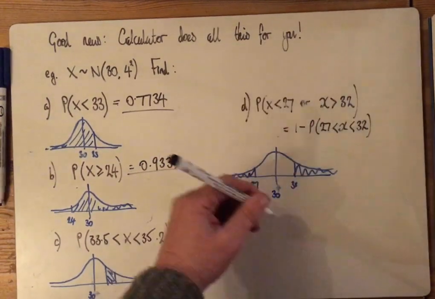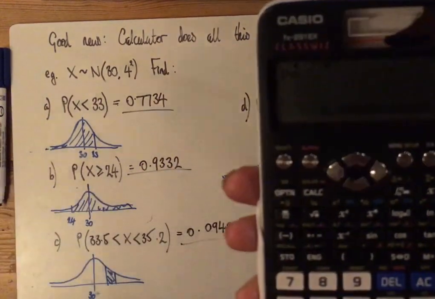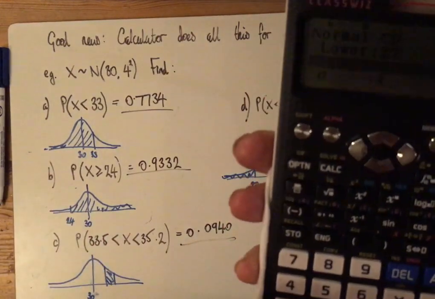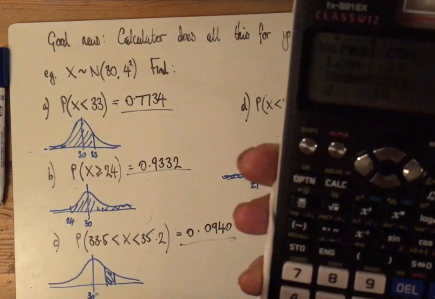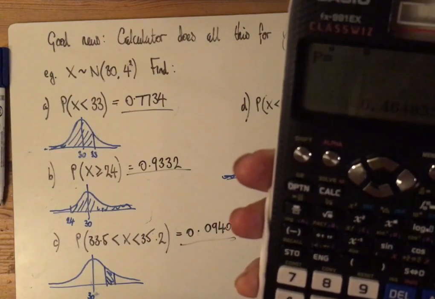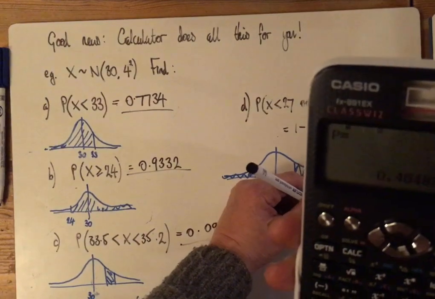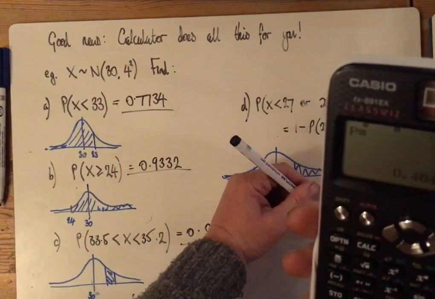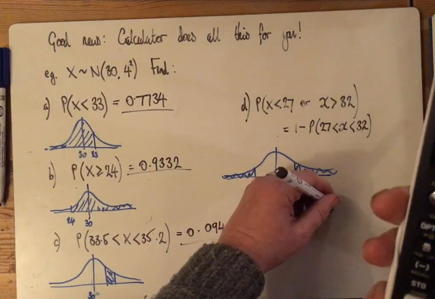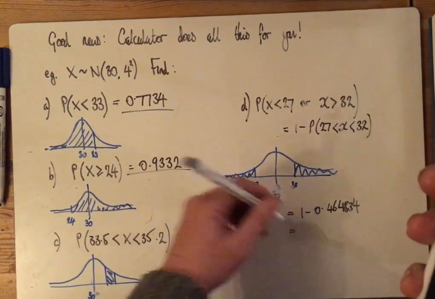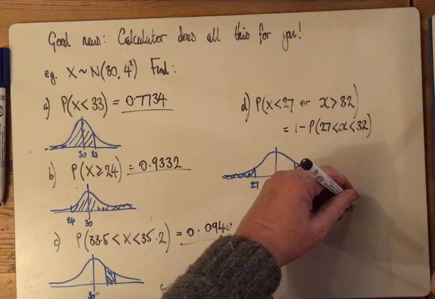Up to you. So that one there, I can put in 27 for my lower bound, 32 for my upper bound, and then that kicks me back a decimal of 0.464835. And you see 1 minus that, sorry, that's meant to be a 5.